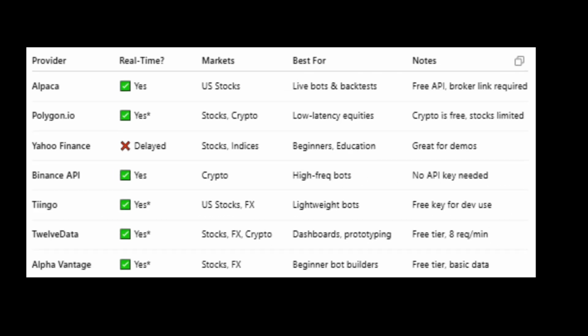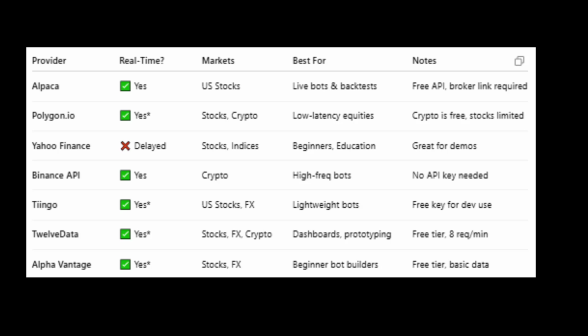So I'll put a table together of my 7 choices. Let's take a look at that. This is the table, and it's in no particular ranking order because they all serve a different purpose. I just want to bring your attention to the column "real time" with a question mark.